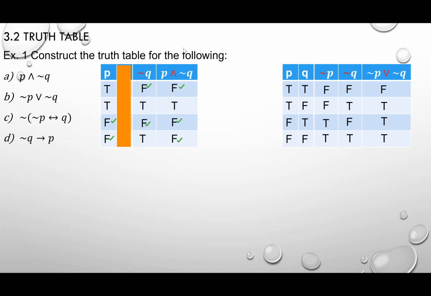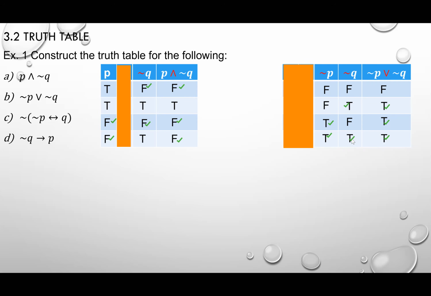And for the or statement, this is how I remember it. For the or statement, as long as I see a true, the result is true. Doesn't matter where, as long as I see one T, the result is T. So again, that's how I remember it.